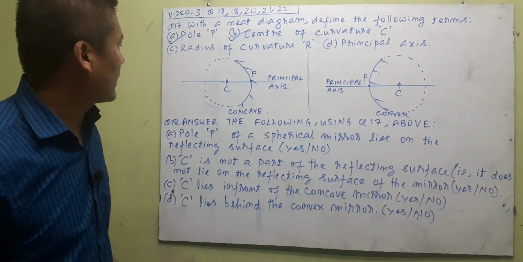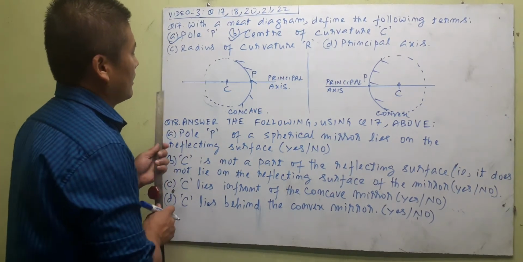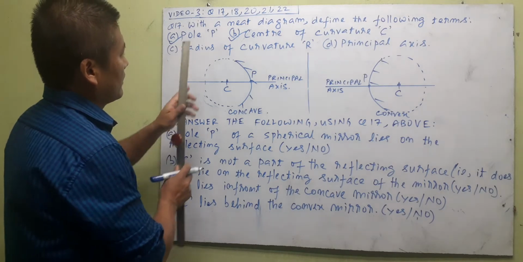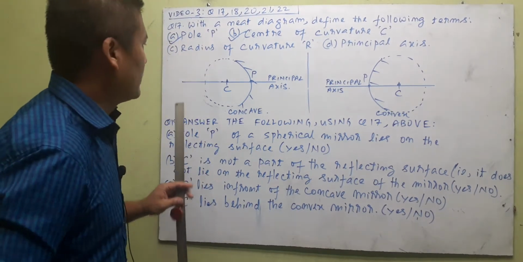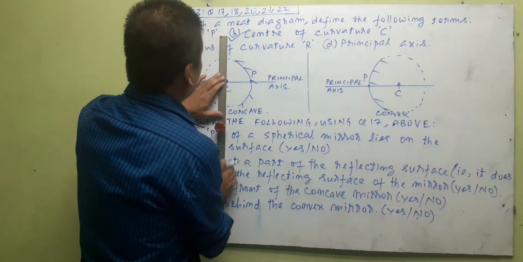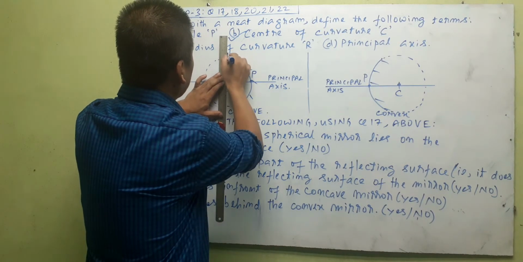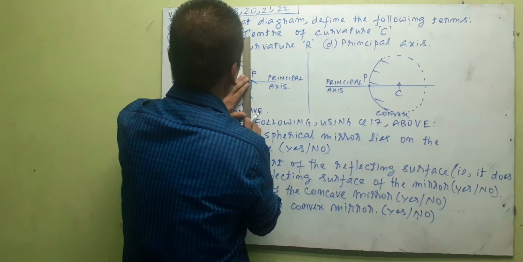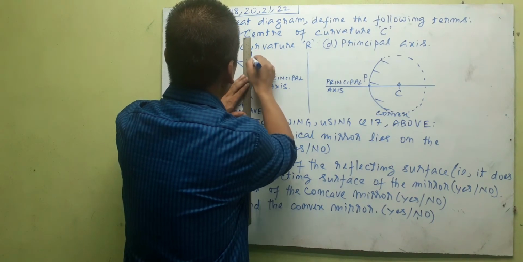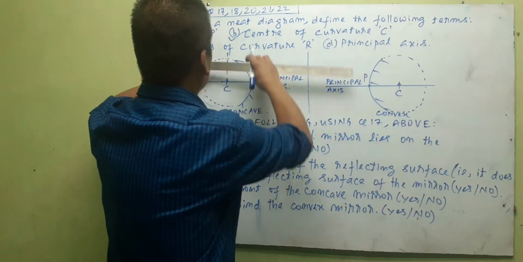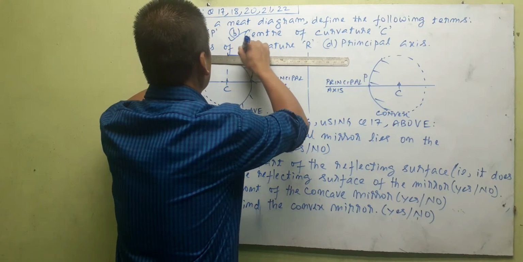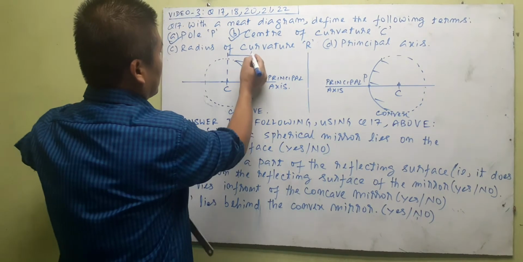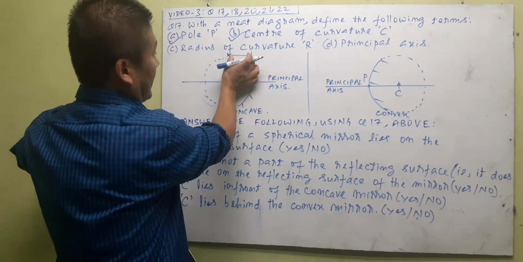Now, if you were to mark this distance, here, the distance between this point C, the center of curvature, and this point P, the pole, is this one. This distance here, for the concave mirror given here, from here to here, the length.